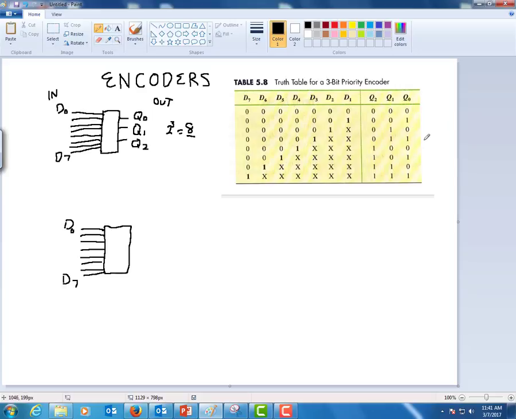So I want to address this right now because this is what you're going to be doing in lab. You may notice that there is no 1 up here for D0. So if you think about it, D1 through D7 causes one of the bits on the output to have a 1 in it. It has to represent a number.